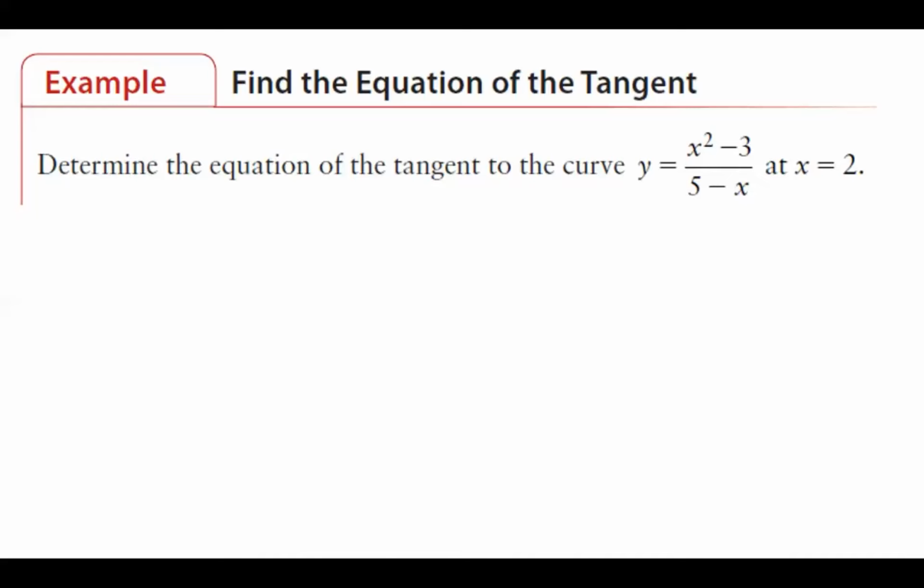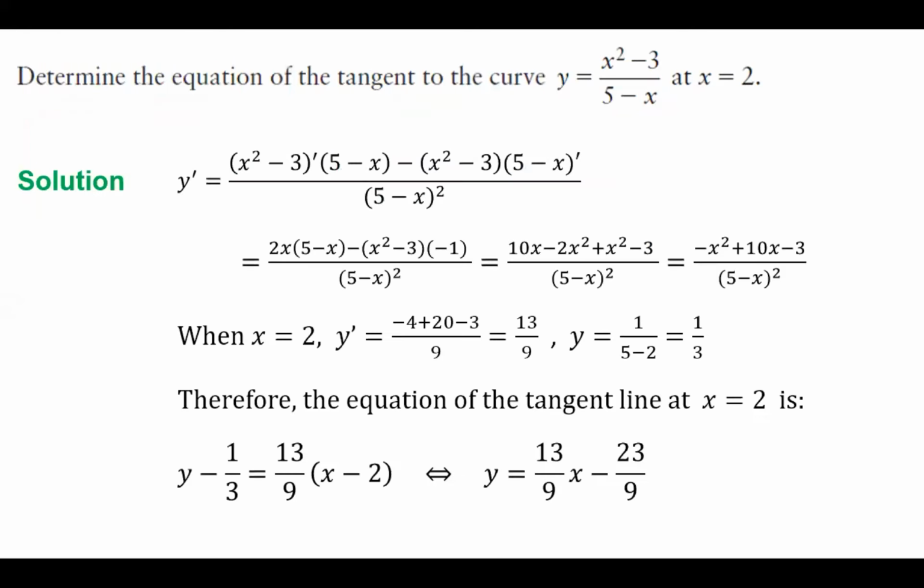Okay, let's have a look at the solution to this question. First of all, let's find the derivative of this function at any point x. According to the quotient rule, the derivative of this function equals the derivative of (x squared minus 3) times (5 minus x), minus (x squared minus 3) times the derivative of (5 minus x), over (5 minus x) squared, right?